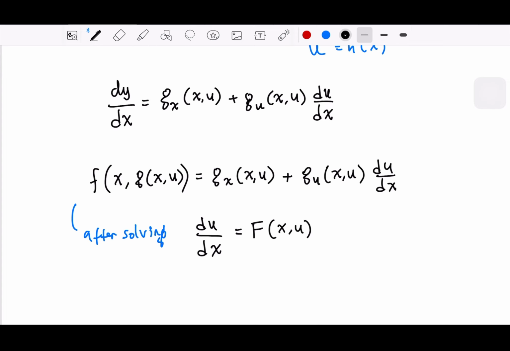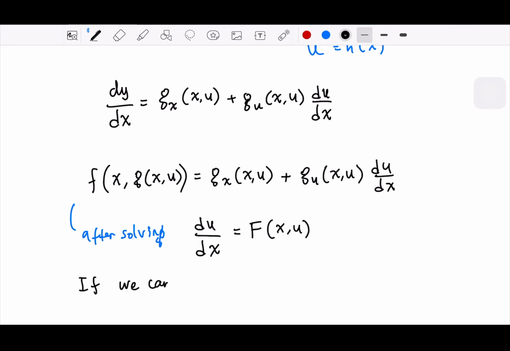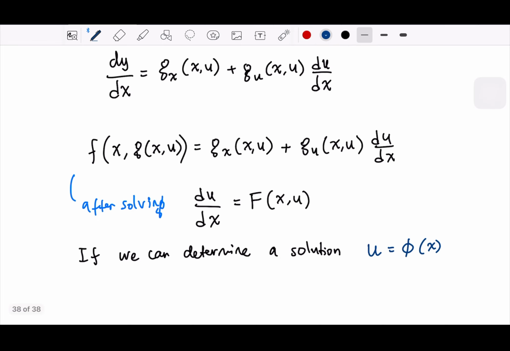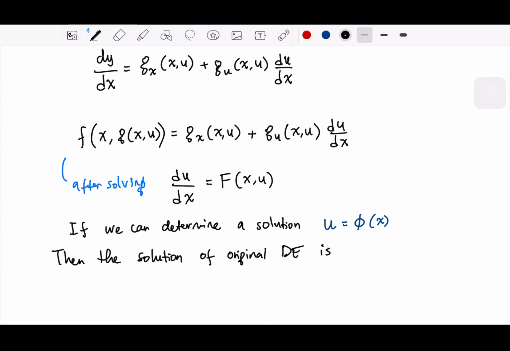So if we can determine a solution in terms of u, maybe another function, let me write it as psi of x, then the whole solution of the original differential equation, the first one, according to this u, will be g of x and u, but written in terms of a new function phi.